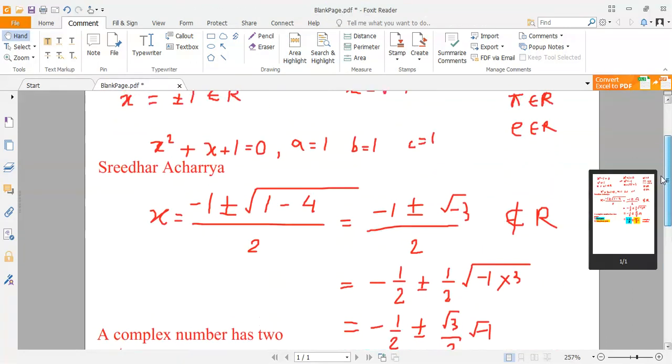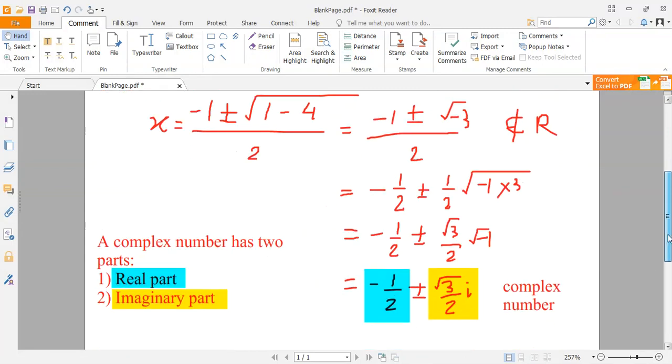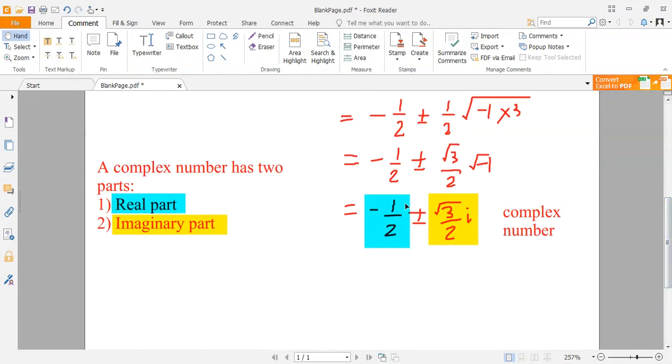So when we talked about minus root over of minus 1, that was essentially an imaginary number. This is an imaginary number. This is a real number. When I combine these two, they are like two sisters. When I combine these two numbers, we get something called a complex number. So a complex number has two parts, real part and an imaginary part.